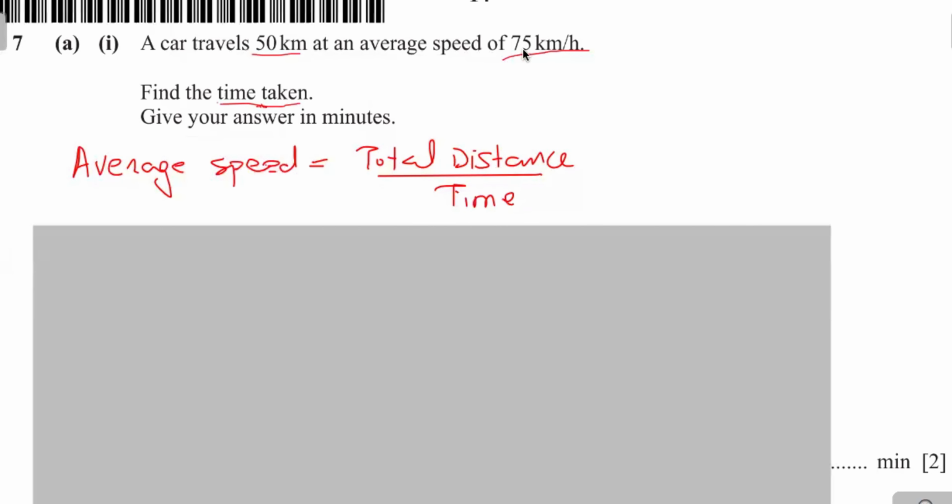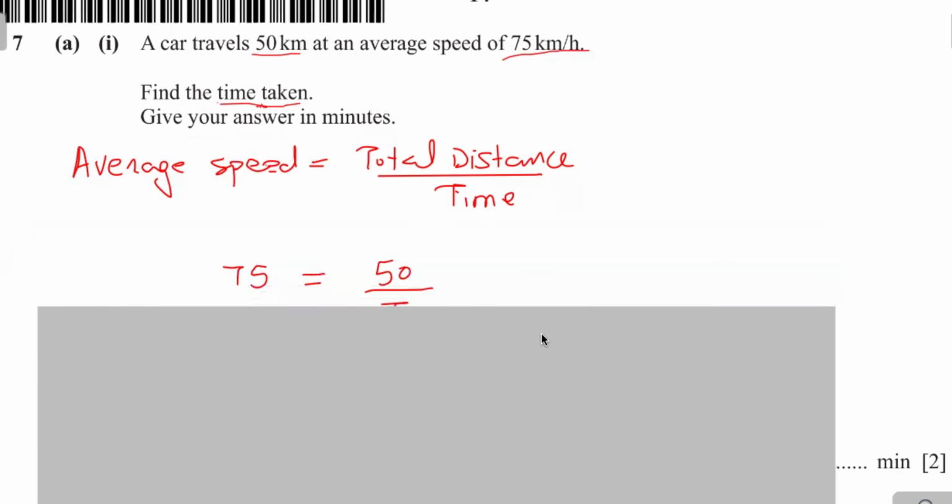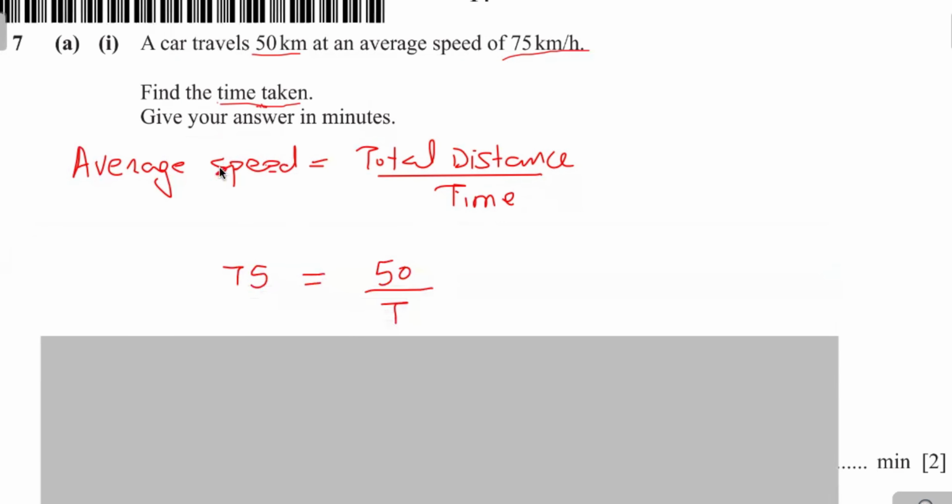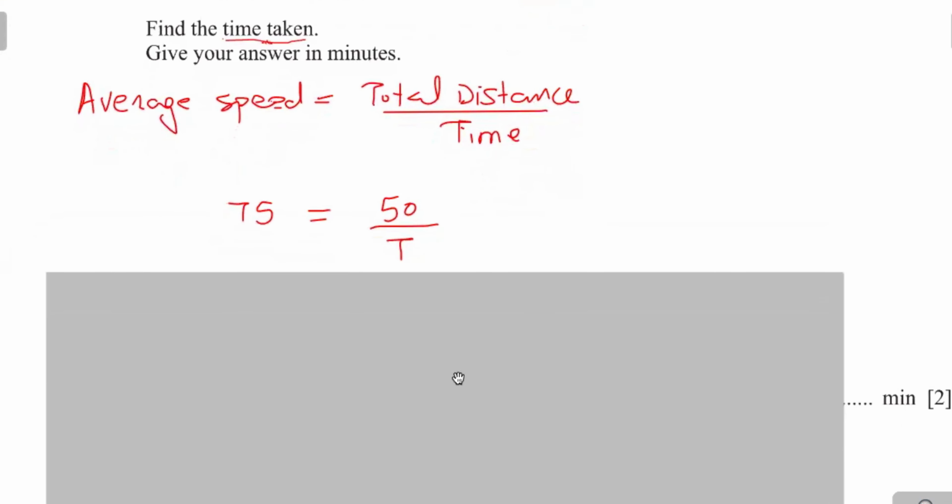Look here, the total distance the car travels is 50 kilometers and the speed is 75 kilometers per hour. Therefore, we substitute the values. Average speed we write 75 kilometers per hour, total distance we write 50 kilometers, time is written as it is. Now we can calculate the value of t if we shift the t from right to left side.